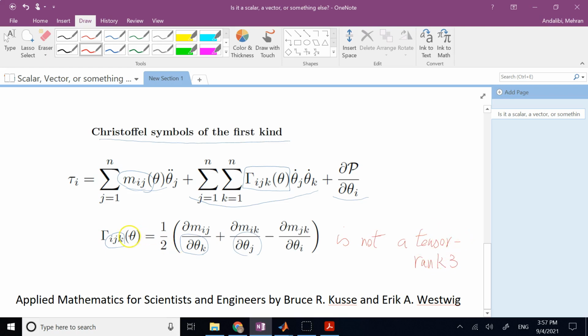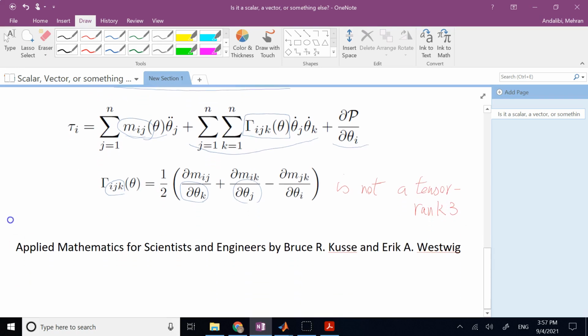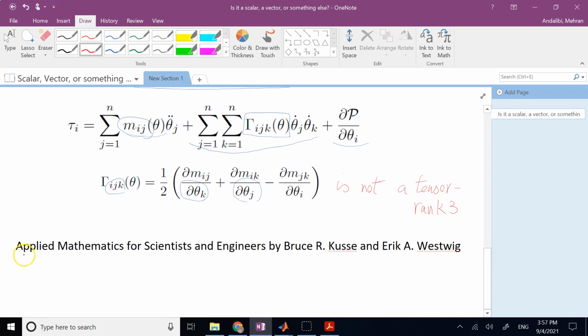although it has 3 indices or subscripts. If you want more explanation on it, refer to the book Applied Mathematics for Scientists and Engineers by Bruce Kusse and Erik Westwig, if I'm pronouncing the names correctly. They mention that because the elements of this do not follow the transformation that tensor elements do, it is not really a tensor of rank 3.